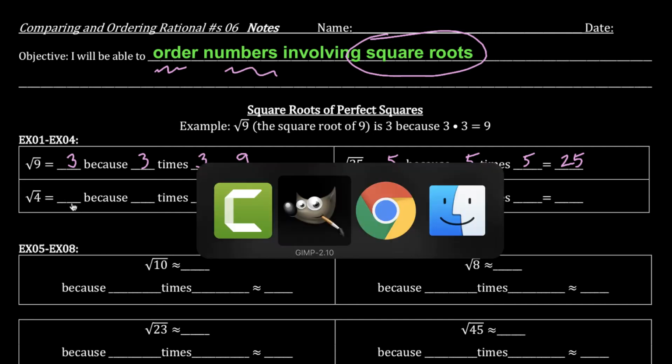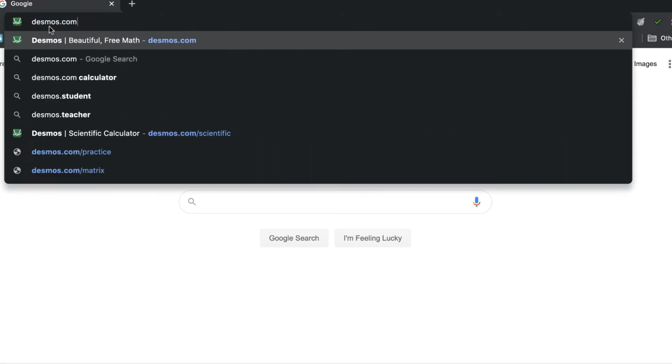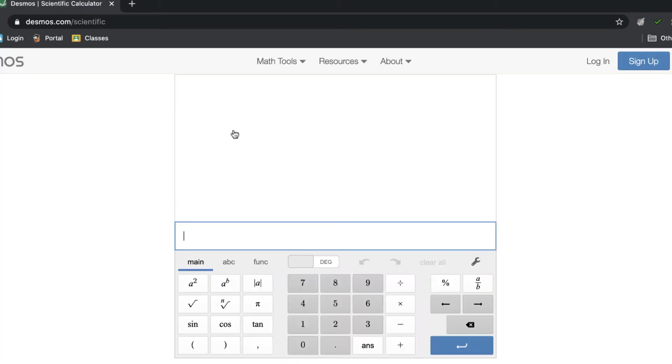We would go to Desmos.com, go to Scientific Calculator, and you see this one right here. So square root, we would just put square root of 4.